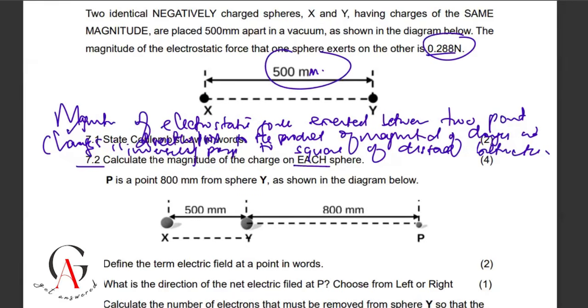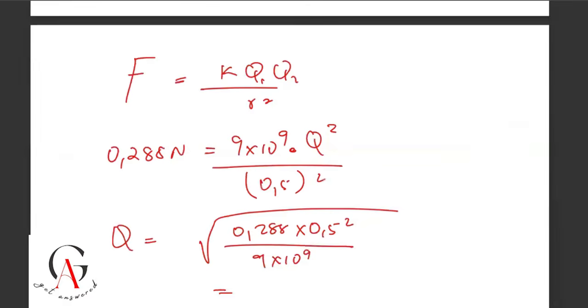What does the question want? Calculate the magnitude of charge on each sphere. So if I punch this into my calculator, square root of 0.288 times 0.5 squared over 9 times 10 to the 9, I'm getting 2.828 times 10 to the negative 6 coulombs.